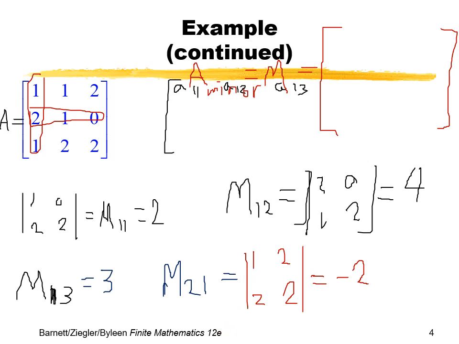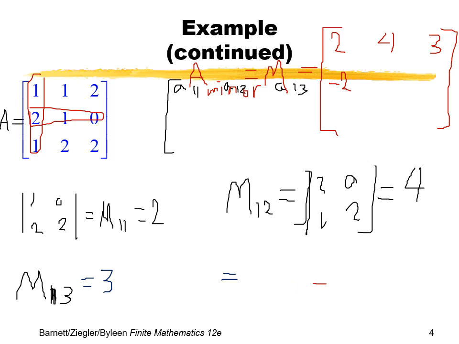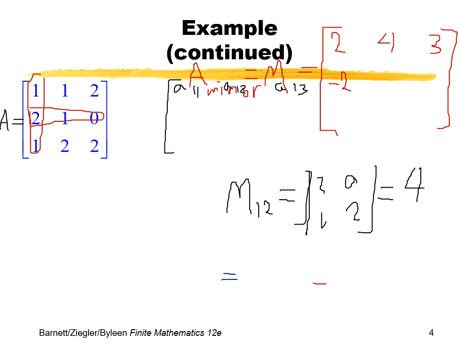As we said, the first element was 2, then 4, 3, negative 2, and let's remove those to calculate the other minors.